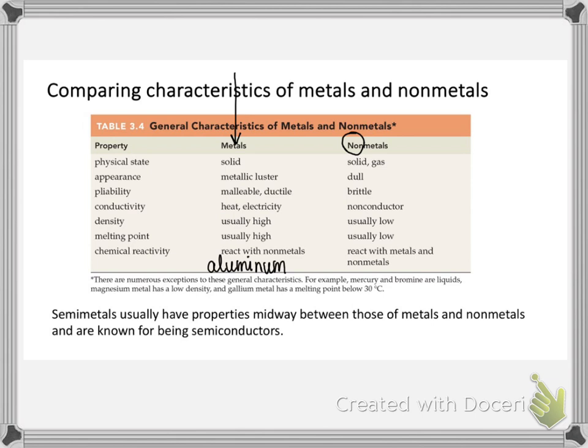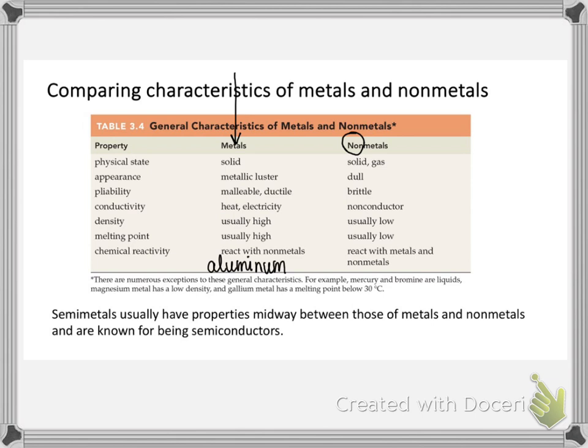They tend not to be shiny. They tend to be dull. Although we will get to see in lab iodine, which is a nonmetal solid, and it's a little sparkly, so it's kind of cool. So that's what I mean when I say that not all of the metals or nonmetals will have all of the characteristics. This is general.